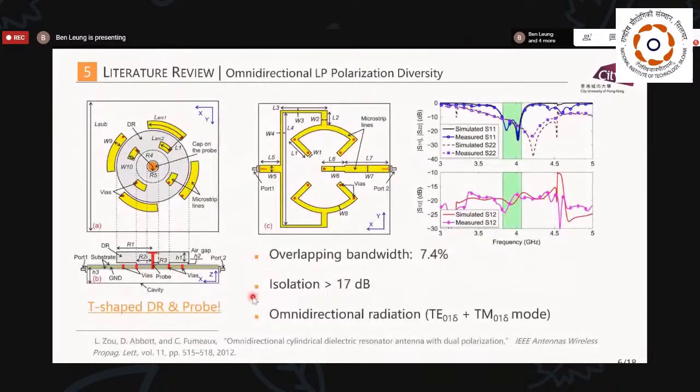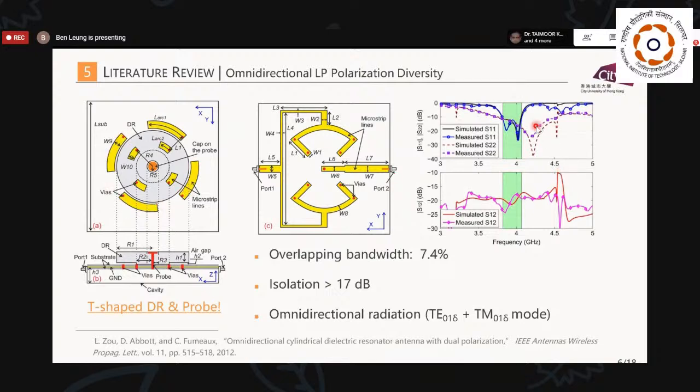Okay, there's another research group in Australia, Dr. Thermal's group. Here they used the TE01 delta mode and the TM01 delta mode. For the TM mode, they use a T-shaped probe here. And for the TE mode, they use this alpha loop to excite the TE mode.